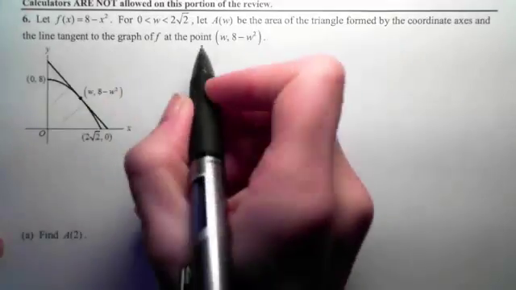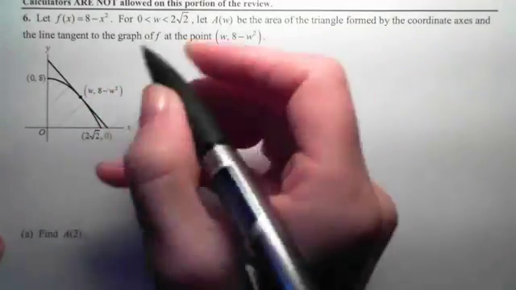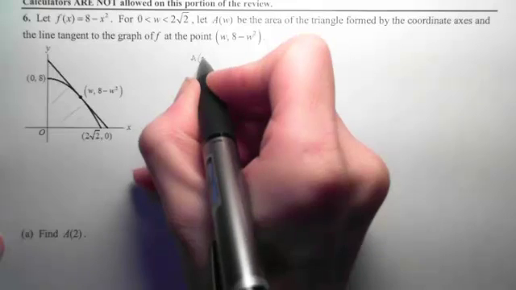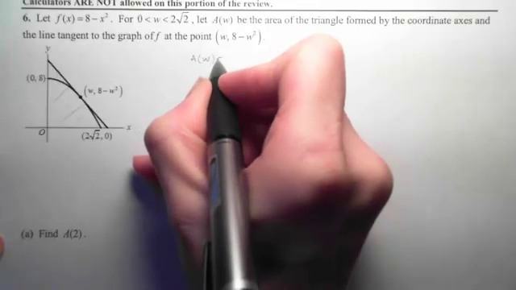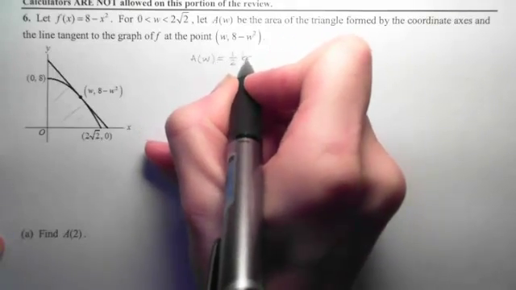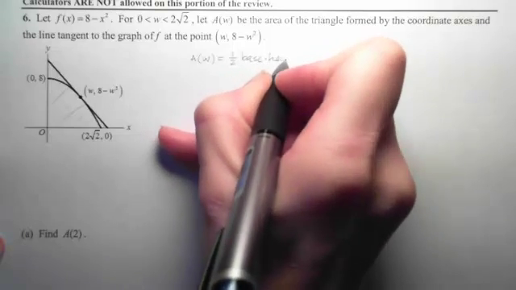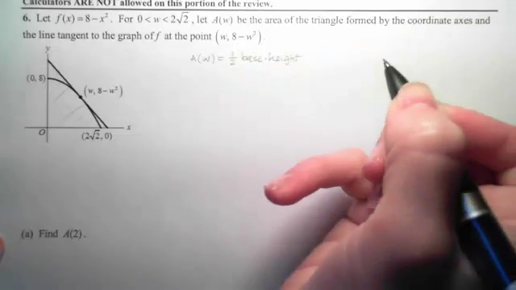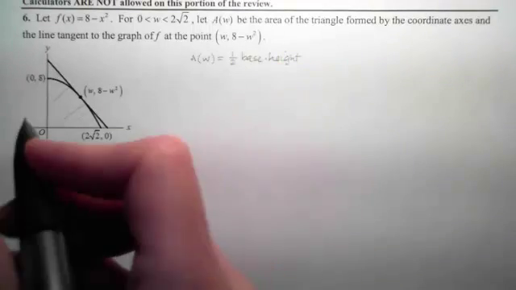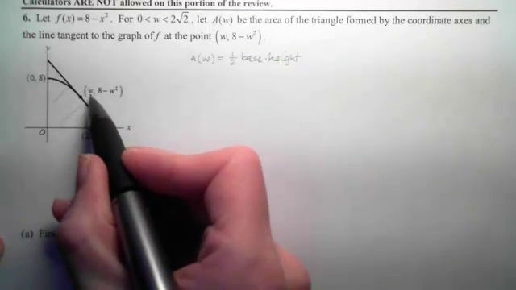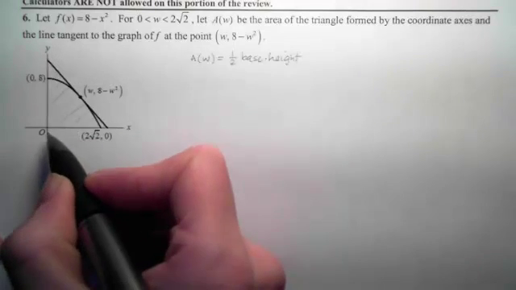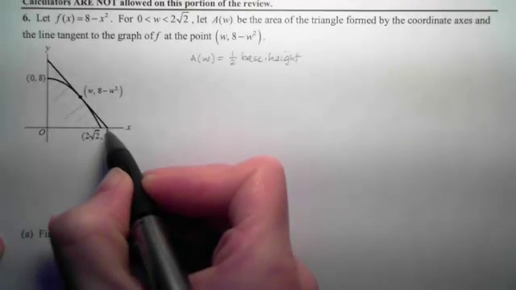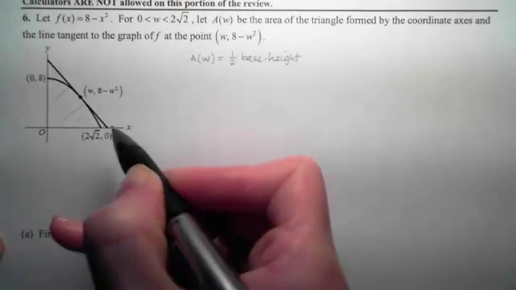That means I need to write a formula for the area of this triangle. We can write down that the area of that triangle will be 1/2 times the base times the height. Our job is to get the base and the height in terms of this w. So if we look carefully, we can see that the base is actually the x-intercept of the tangent line.